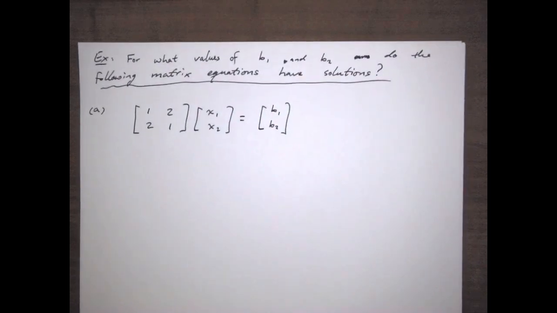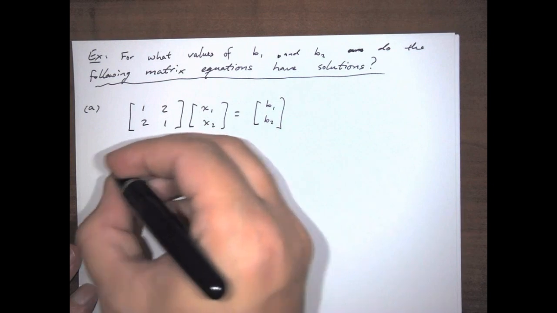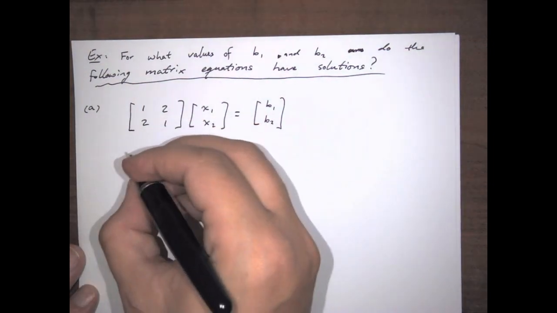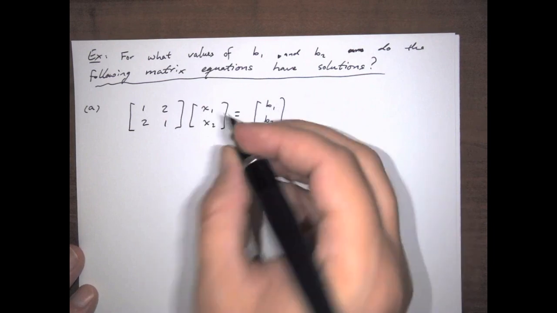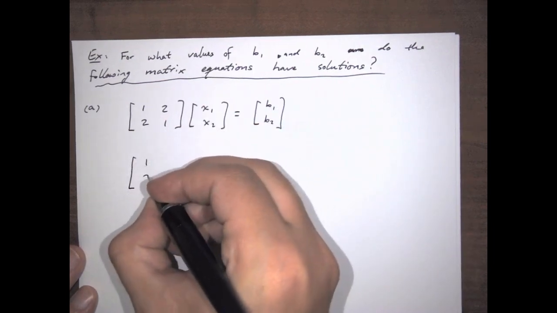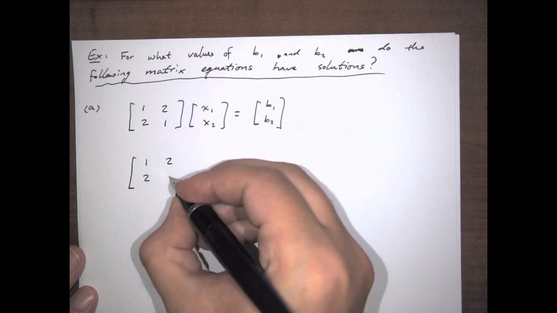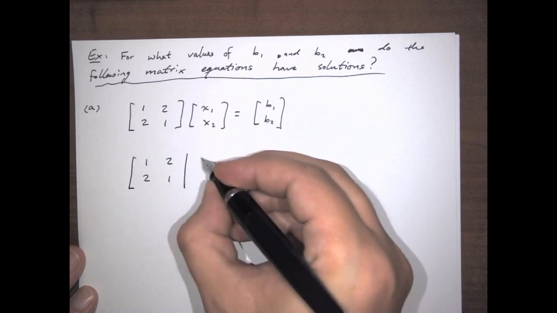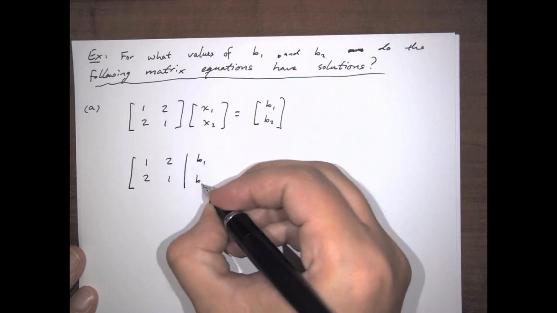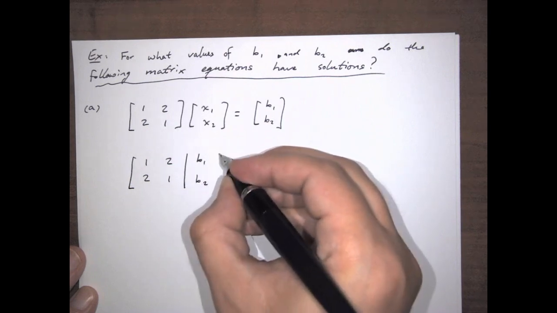So now, let's have a look. According to what we've said in that previous little theorem, this matrix equation is fundamentally equivalent to the system of equations that involves the augmented coefficient matrix.